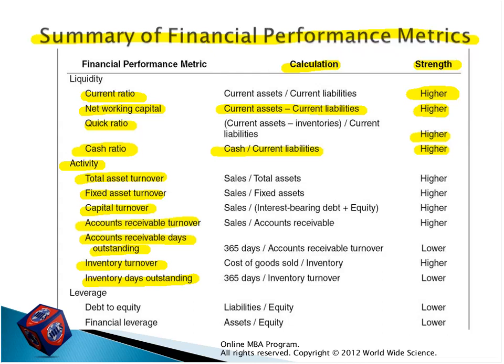Here you can see the formulas are simple. All the items can be taken from the income statement and the balance sheet. Based on these, you can see the trends, whether higher or lower results are better for the company.